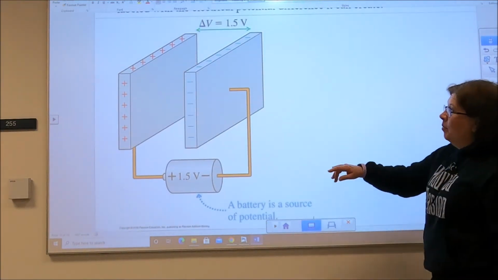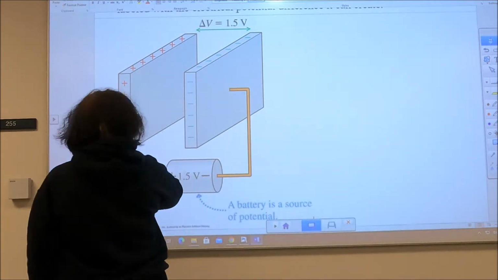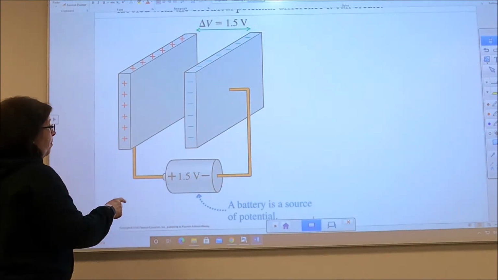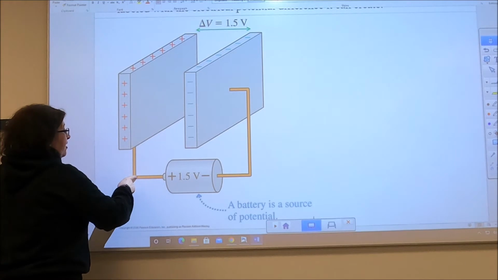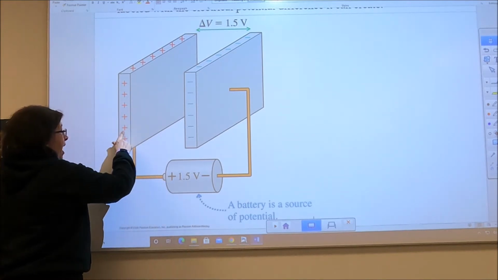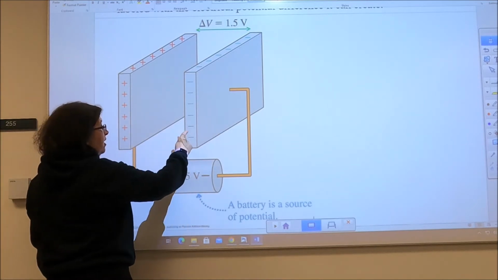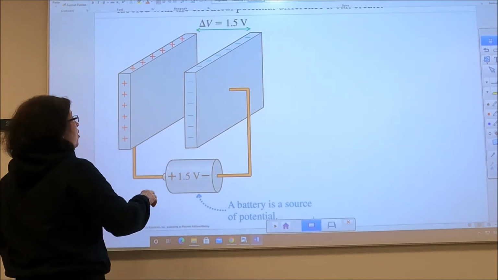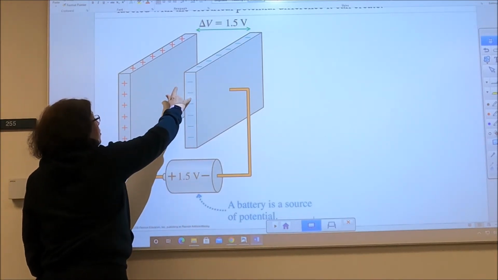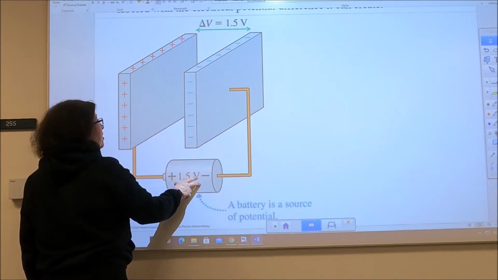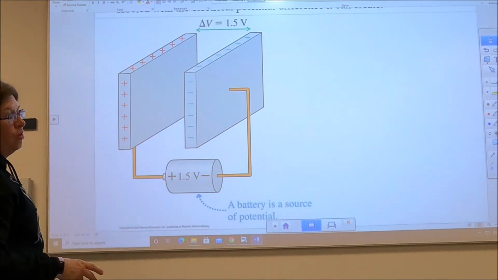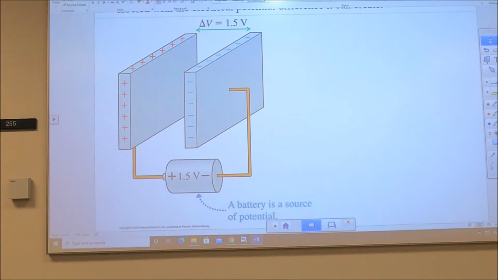So if I have a parallel plate capacitor here and I attach it to a 1.5 volt battery, the side that's attached to the positive end of the battery, that side of the parallel plate capacitor becomes positively charged. The other side becomes negatively charged. And the potential difference across the parallel plate capacitor is going to equal the potential that can be generated by the chemical reaction inside the battery.